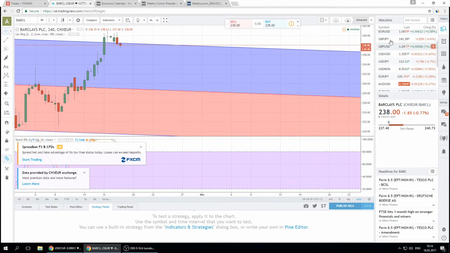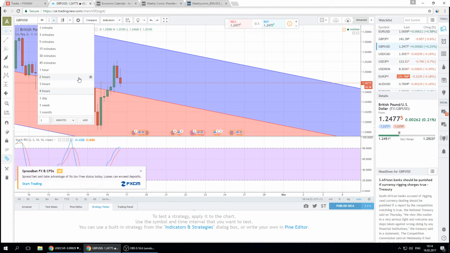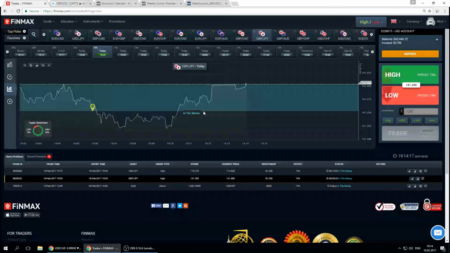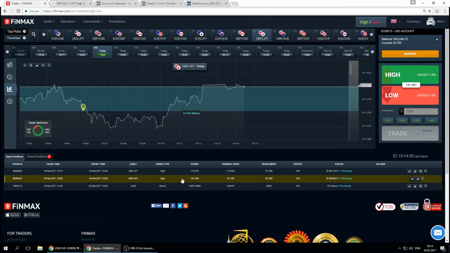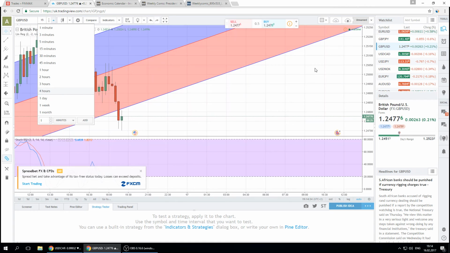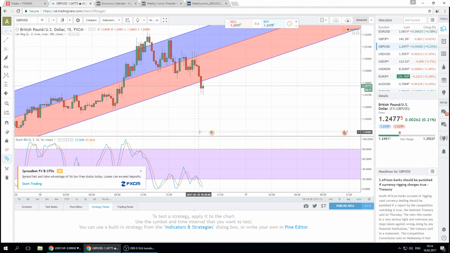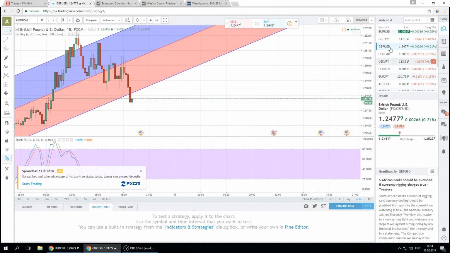So let's see what we have on the chart, on the assets that we work with right now. British pound to yen and USD to yen. So you see, after several candles, we have a good one.